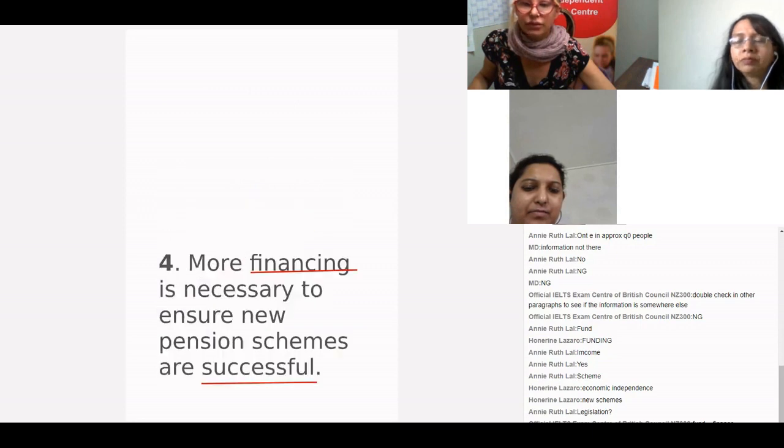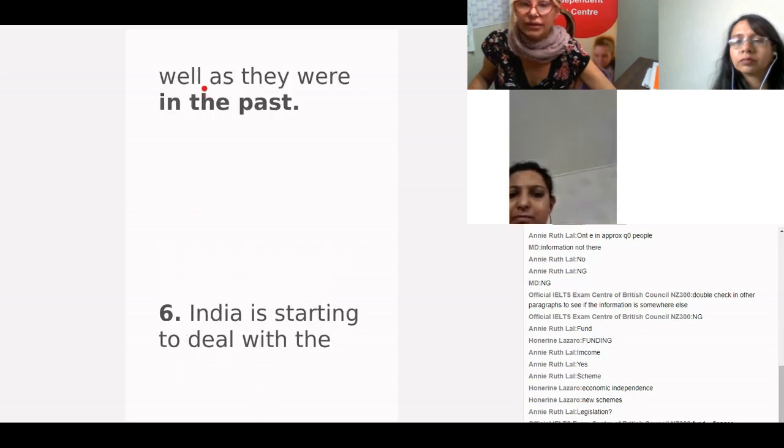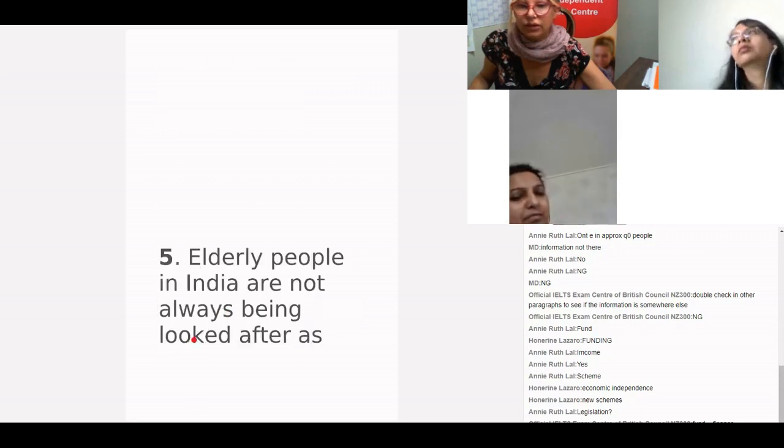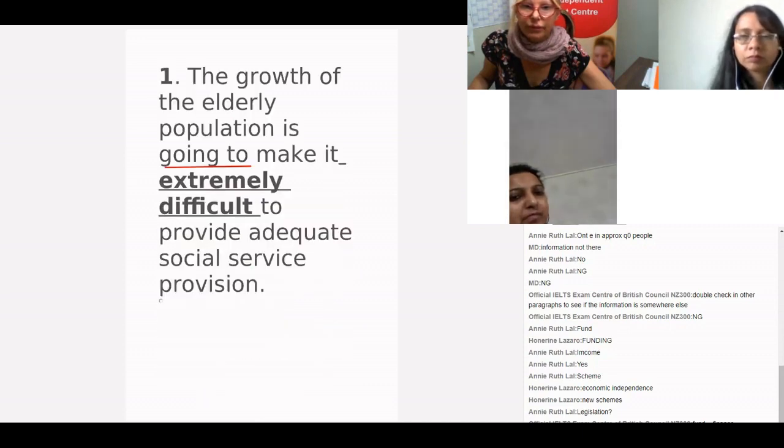Okay, so the next one, we're going over to number 5. Elderly people in India are not always being looked after as well as they were in the past. So this is what we need to be looking for. Information about elderly people in the past being looked after.